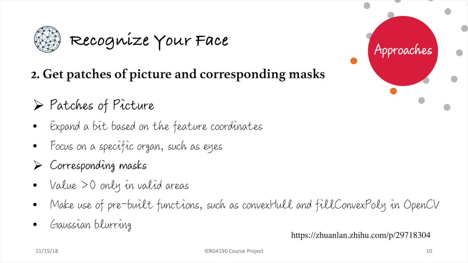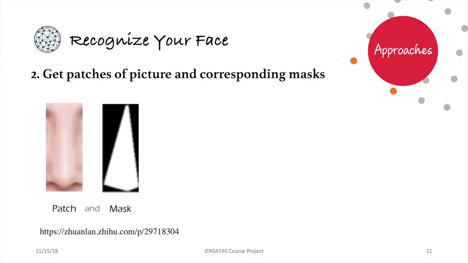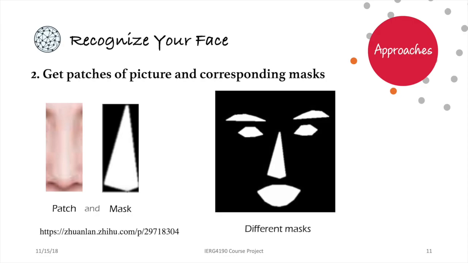We may make use of preview functions in some open source libraries. Gaussian blurring is also applied here. From these two pictures on the left, you can see what a patch and its corresponding mask actually are. And if we put all these masks together, it will appear like a face.